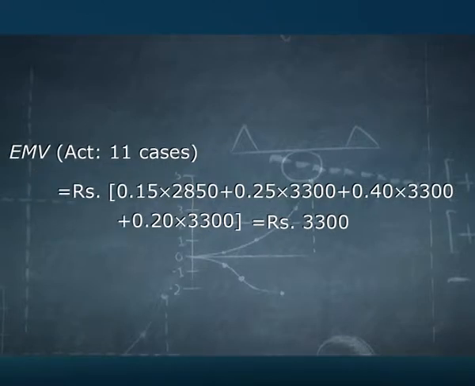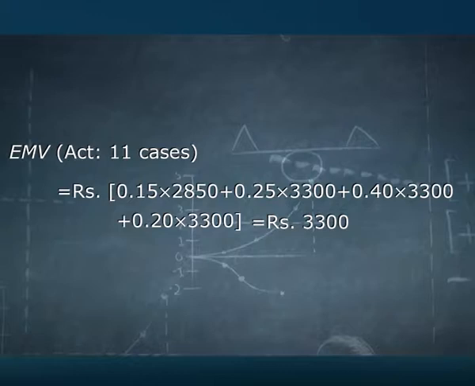Now EMV for act 11 cases. So in this case it will be rupees 0.15 times 2850 plus 0.25 times 3300 plus 0.40 times 3300 plus 0.20 times 3300.